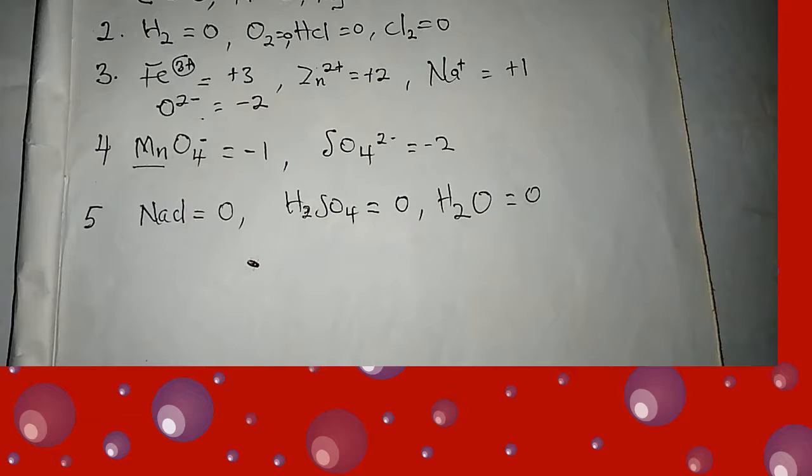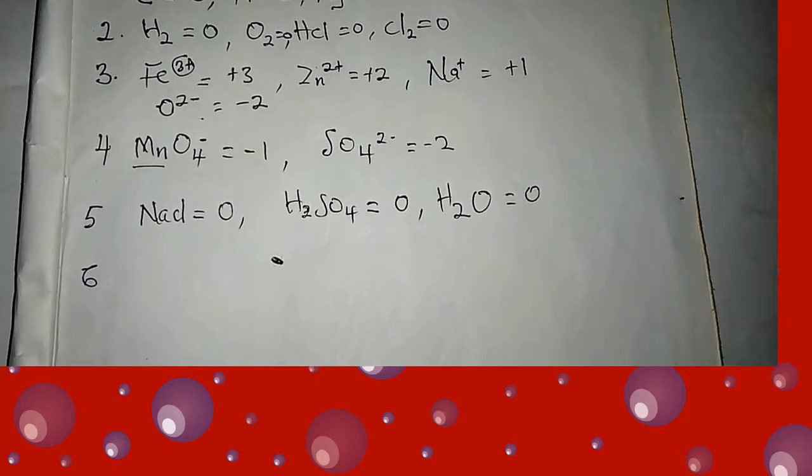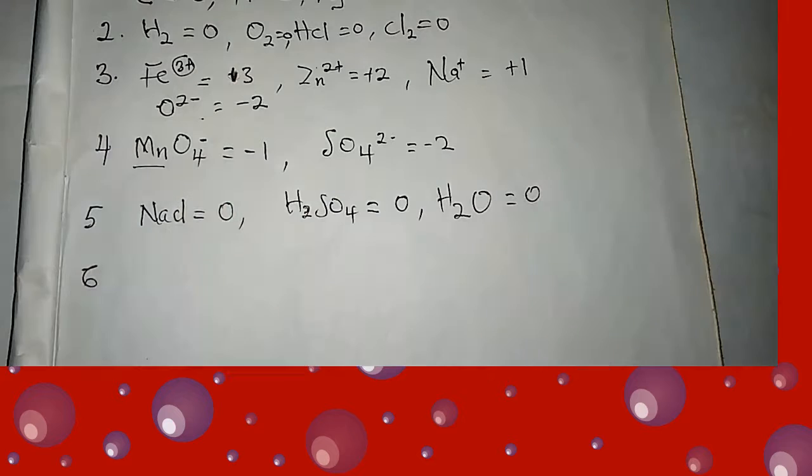The last rule, that's the 6th rule, says that the oxidation state of oxygen in most substances is -2, except in peroxide where it is -1. Okay, so whenever we see oxygen in most substances, the oxidation state of oxygen is always -2.